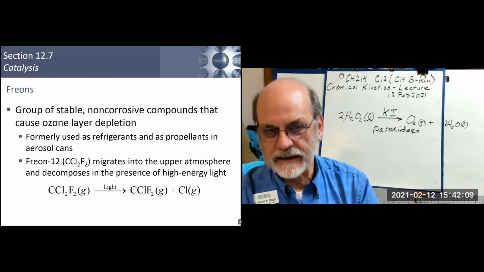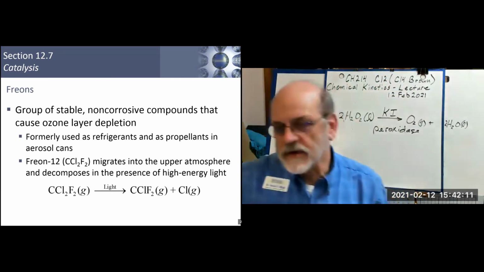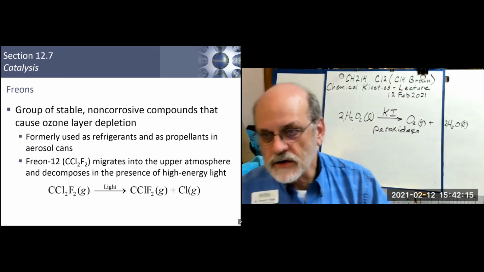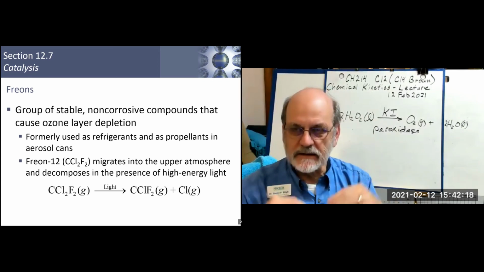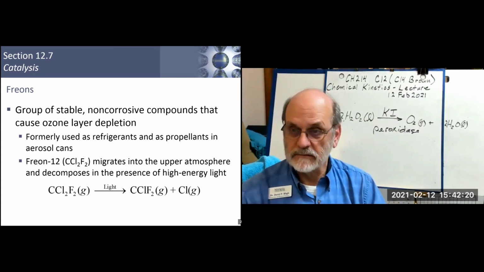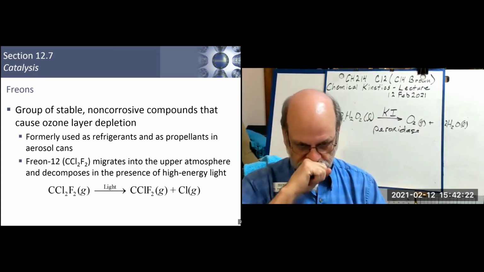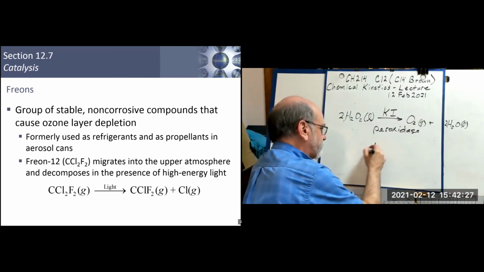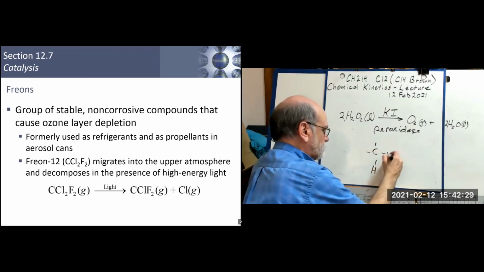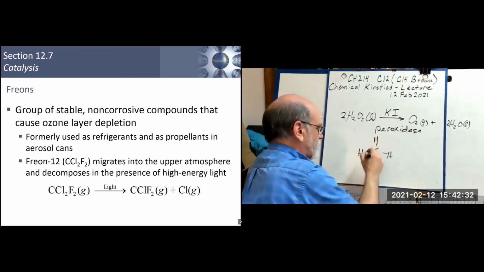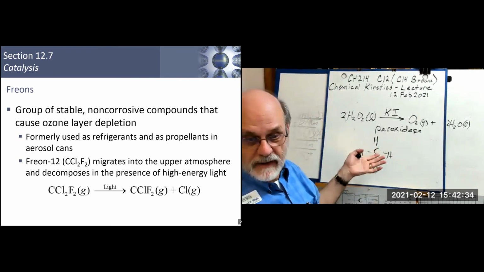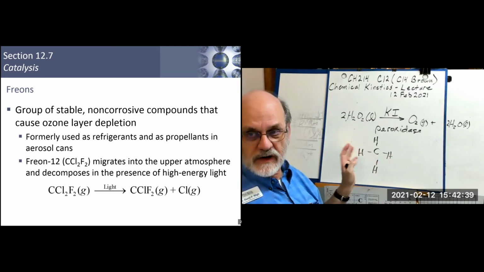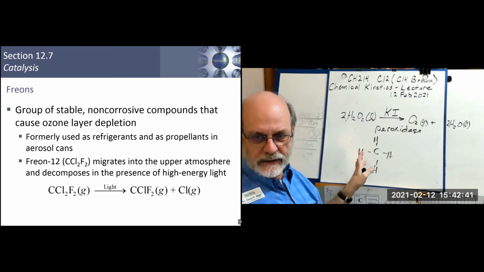Freons tend to do the same thing. Freons are a class of compounds, man-made compounds, that are usually a carbon skeleton. Could be just one carbon if it's derived from methane, and the hydrogens around the carbon, if it's derived from methane, are substituted with various, usually halogens, fluorine, chlorine.